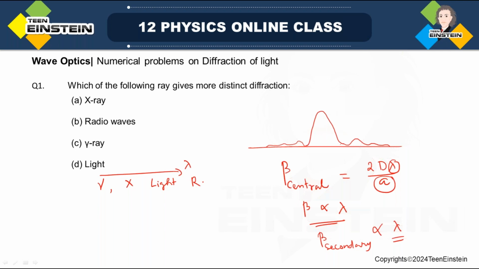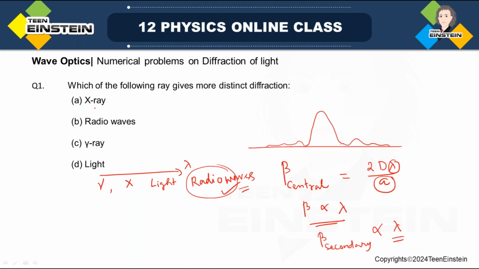Radio waves have greater wavelength than all the others. Gamma has larger energy but the least wavelength among these 4. So you can understand that the diffraction fringes will be very distinct with the radio waves.